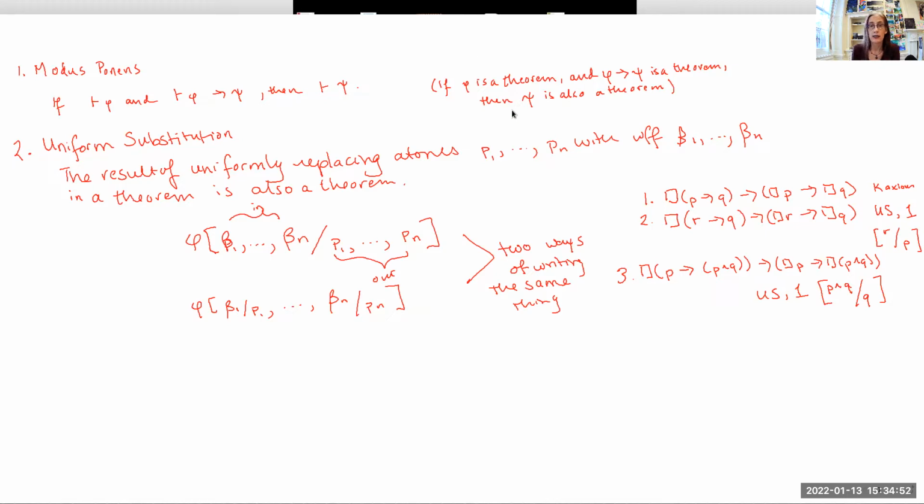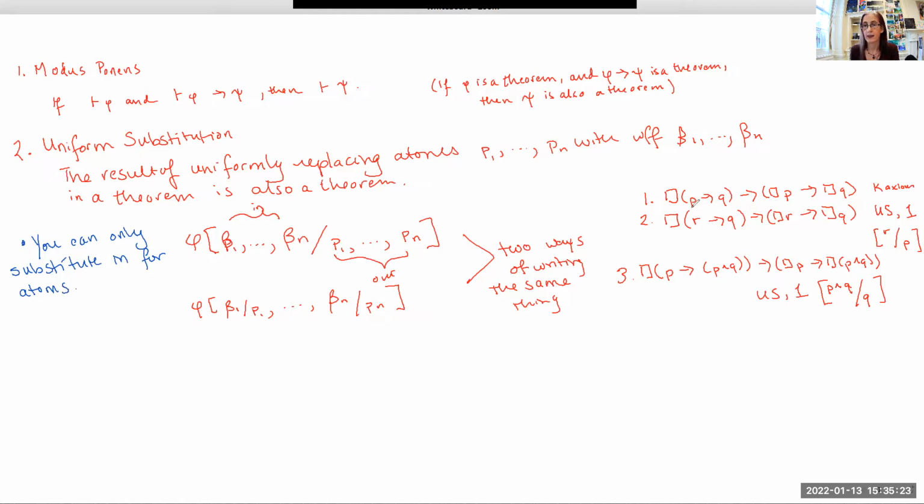The two things to remember with the uniform substitution, these are the two things you have to check every time you apply it, because these are the things that people often forget. And if you don't check these two things, you will end up applying the rule wrong. First, you can only substitute in for atoms.